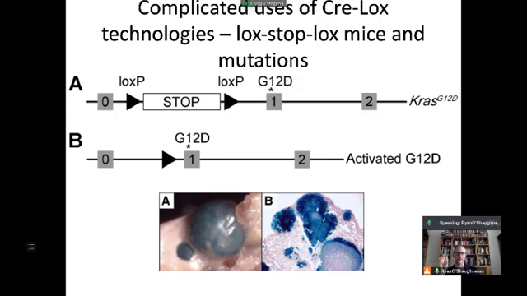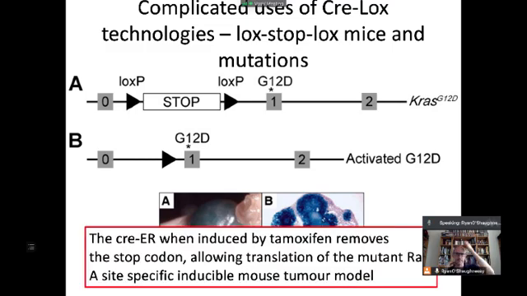Without that control, without that stop LOXP in there, you would just get KRAS expressed everywhere, and the mouse would likely die in utero because of how important RAS is. So when the Cre-ER is induced by tamoxifen, this removes that stop codon, and this allows the translation of the mutant RAS. So this is a site-specific inducible mouse tumor model using this LOX stop LOX technology.